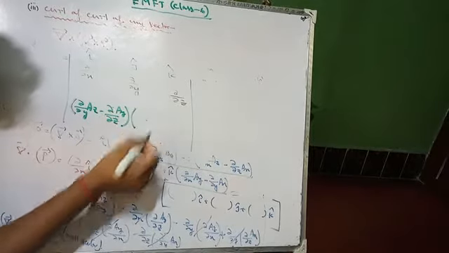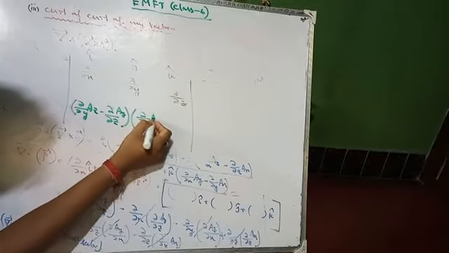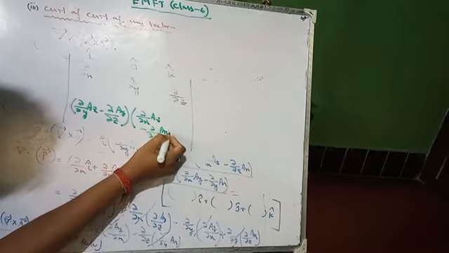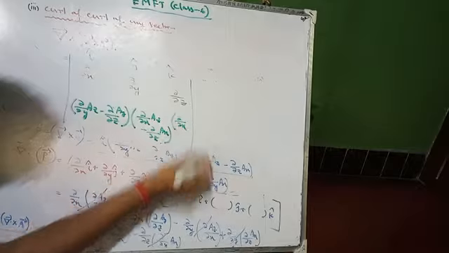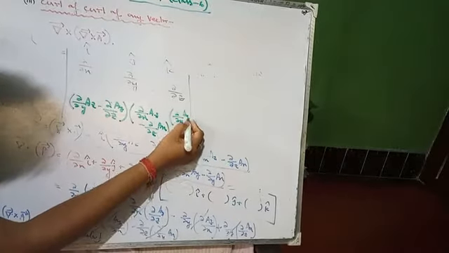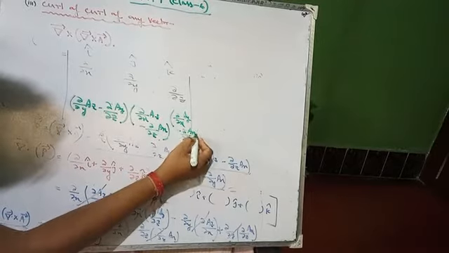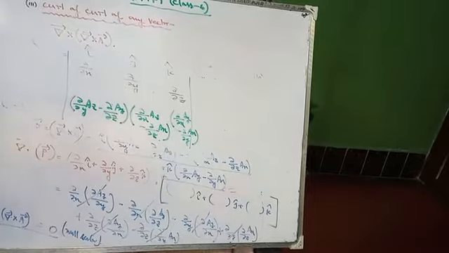And second, del del x az minus del del z ax. And last one, del del x ay minus del del y ax. Now you have to perform the curl operation again.